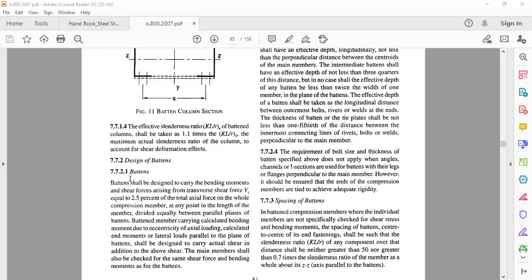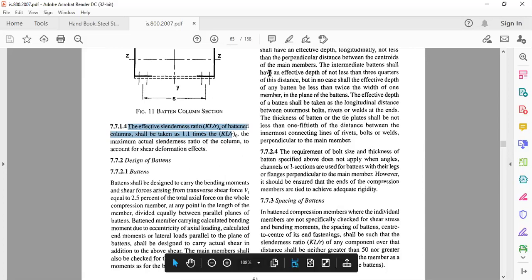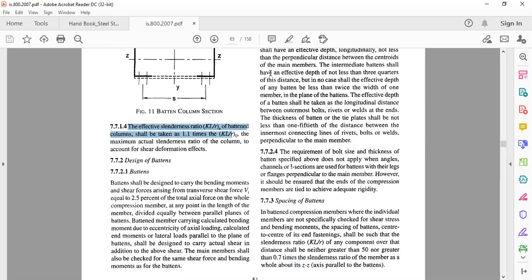The effective slenderness ratio of the battened column shall be taken as 1.1 times the KL by R value, the maximum actual slenderness ratio of the column, to account for shear deformation effects. In a laced column, we have taken 1.05 times KL by R minimum, but for a batten column, it is 1.1 into KL by R minimum value.